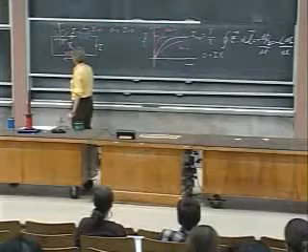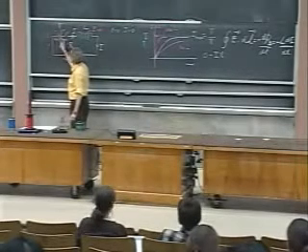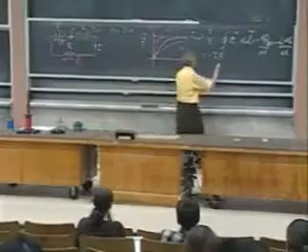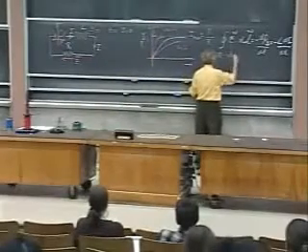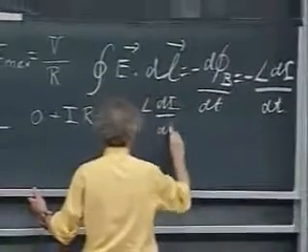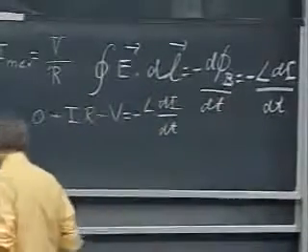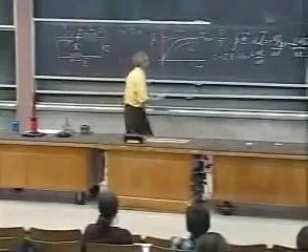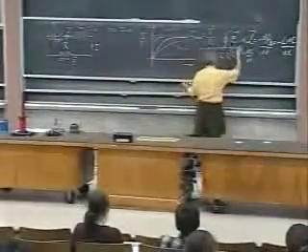Ohm's law tells me it's IR. In the battery, I go against the electric field, and so I get minus V. That now equals minus L di dt. And this is the only sane and the only correct way to apply Faraday's law in this circuit.